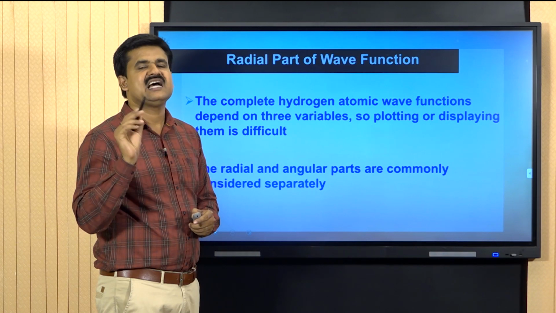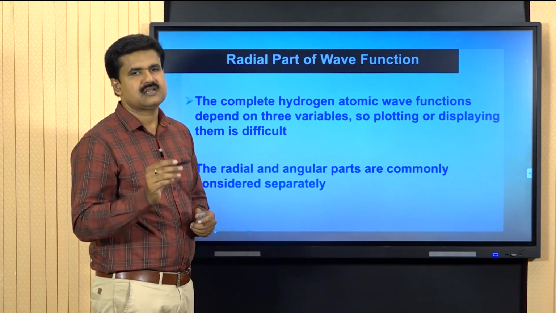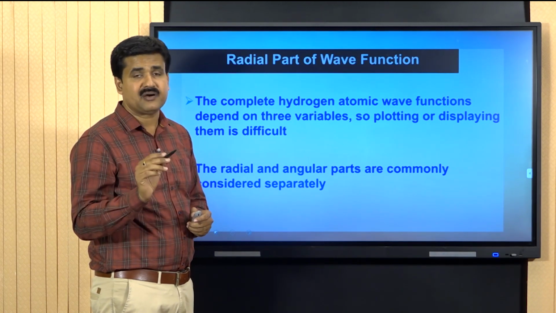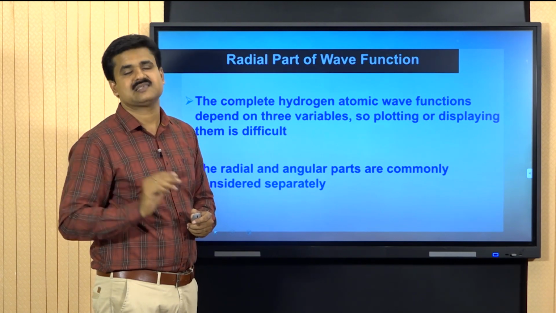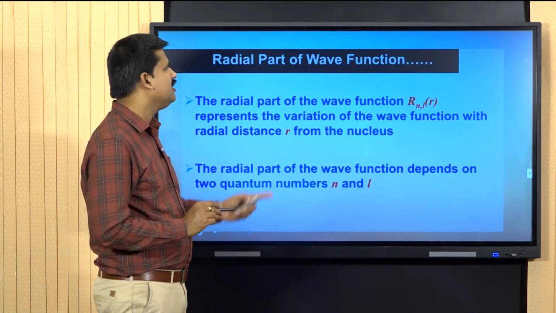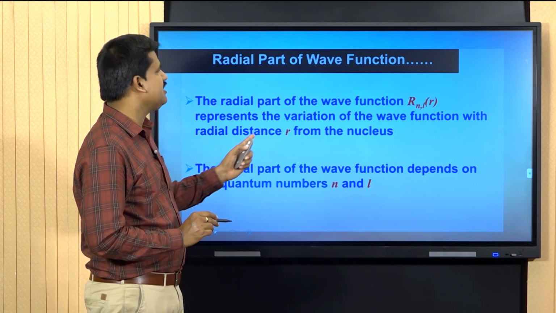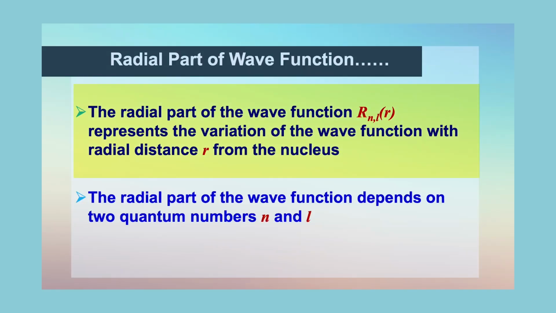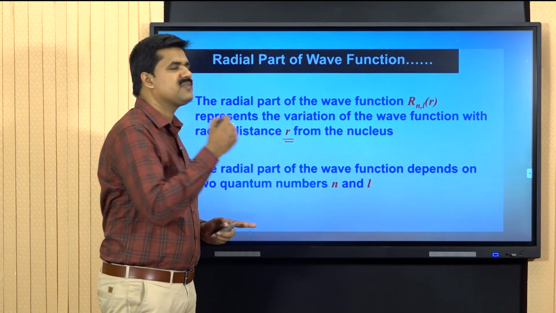For brevity and simplicity, we consider the real part as radial part and angular part separately. Now, the radial part of the wave function, R n l (r), represents the variation of the wave function with the radial distance, that is small r, from the nucleus.